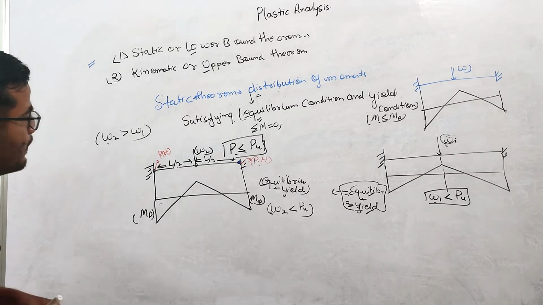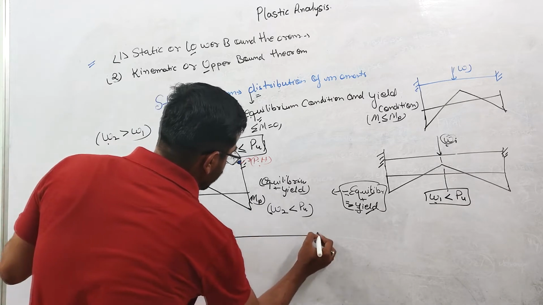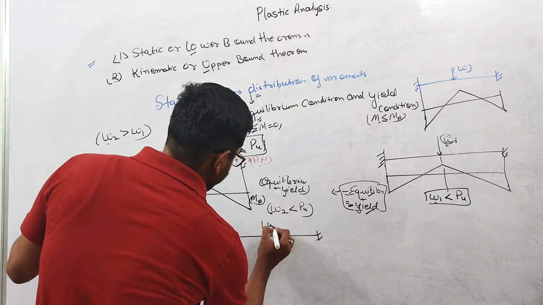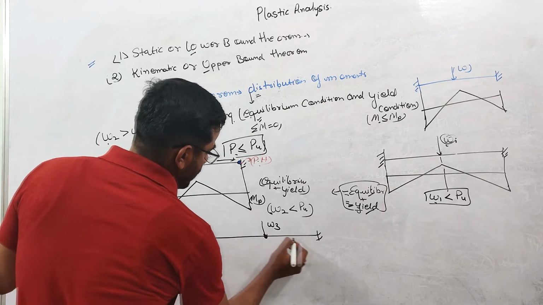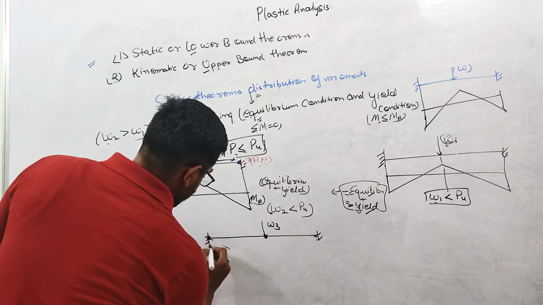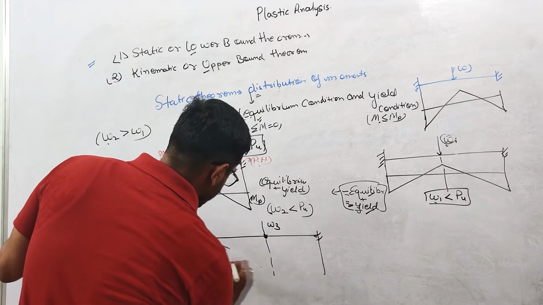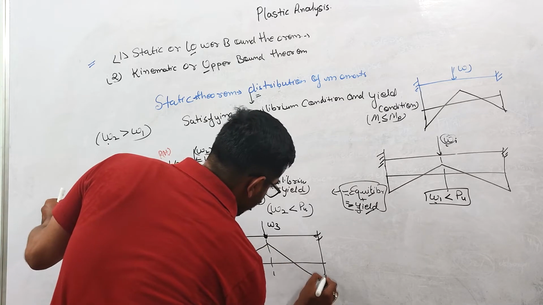So now again, if you increase the load to W3, and the plastic hinge is formed under this load also. So now you can see that the distribution of moment diagram will look like this.